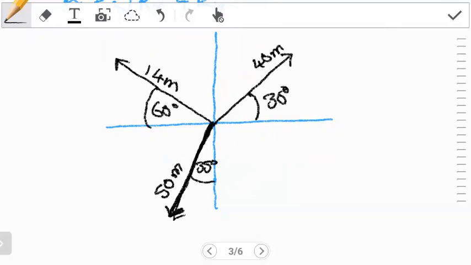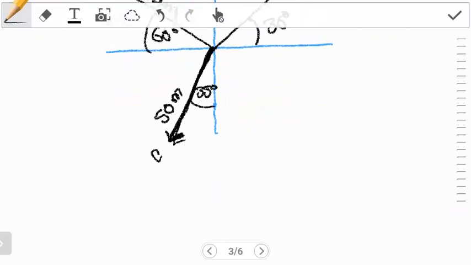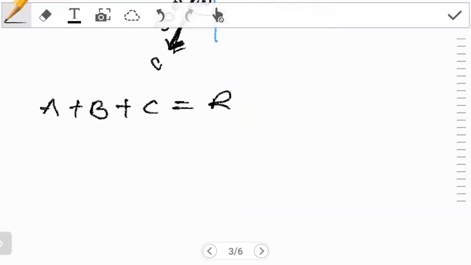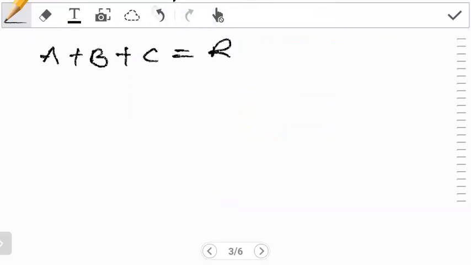Okay, now let's say we have three vectors, A, B, and C. And the question is asking us to find the resultant of these three. So again, the resultant is just the addition or the sum of these vectors, A plus B plus C. But you can't just add them directly. To add these vectors, we need to add them in terms of their components. So the easiest way is to create a table.